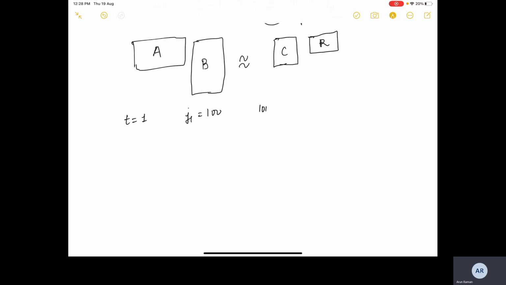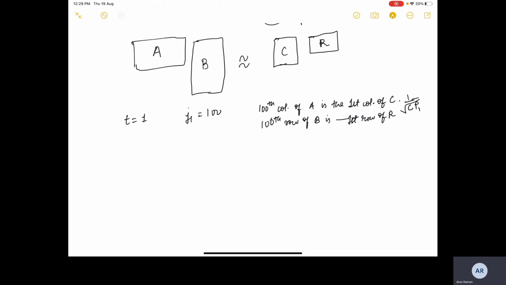Then the 100th column of A is the first column of C, and the 100th row of B is the first row of R. And it is not just that, we normalize each of them by 1 upon the square root of C P1.